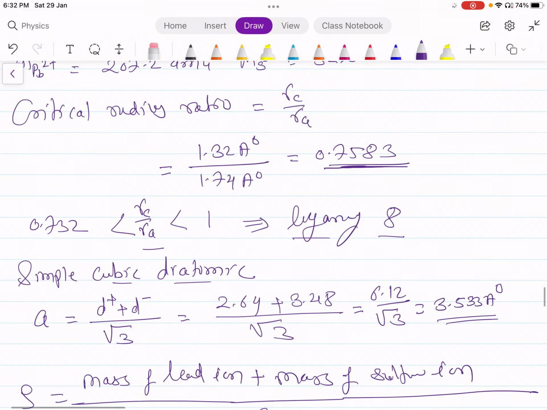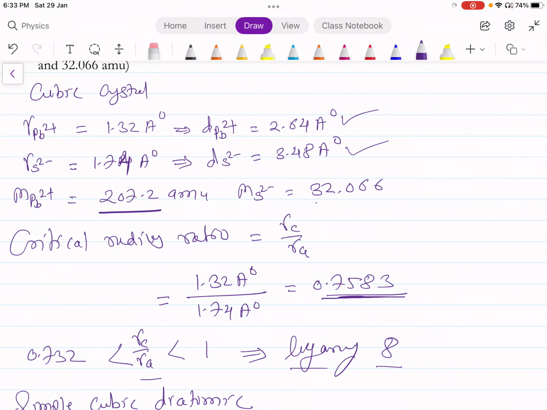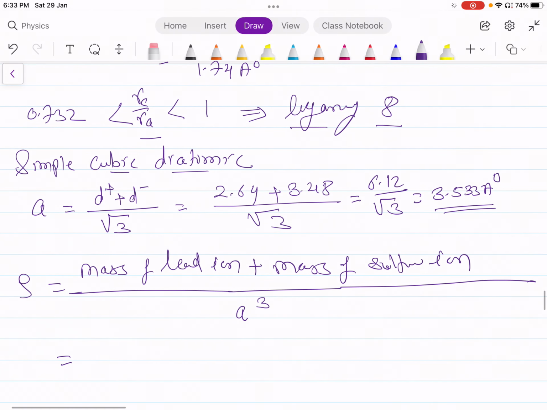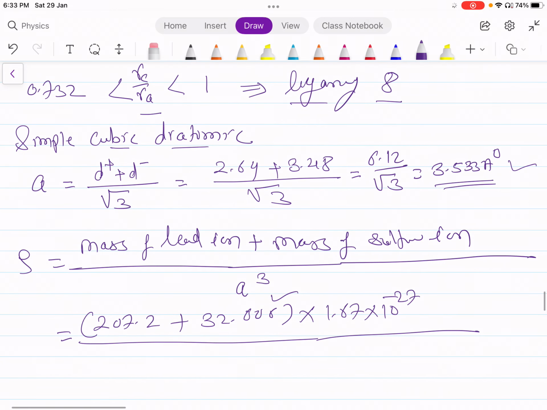So mass of lead is given, 207.2, and mass of sulfur is 32.066. So this is equal to 207.2 plus 32.066. This is in AMU. Convert that in kg by multiplying by 1.67 into 10 to the power minus 27, and that divided by a cube. A is this, but that is in angstrom, 3.533. Convert that in meter, and cube of this.